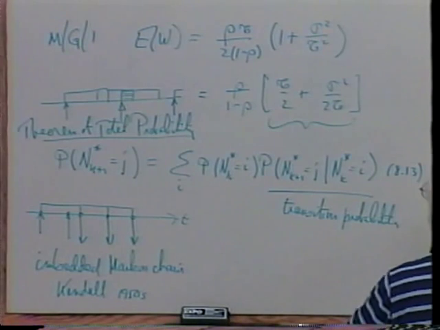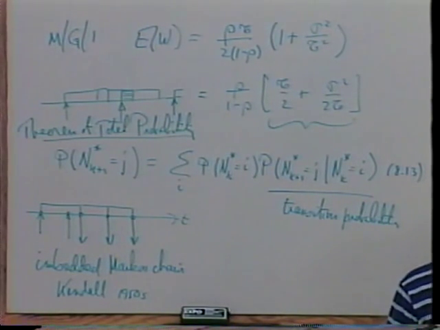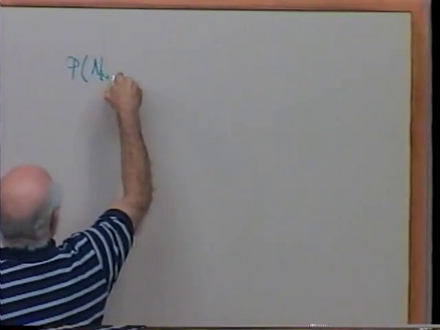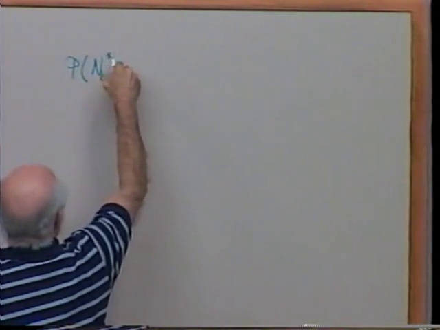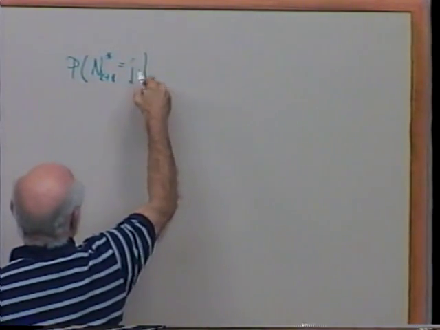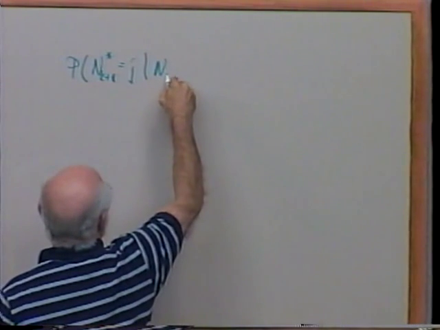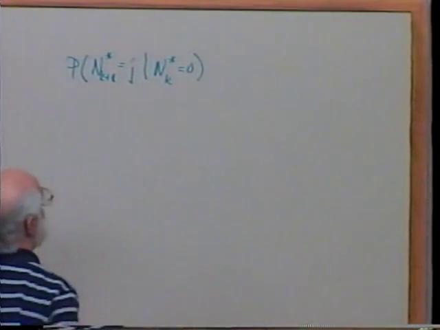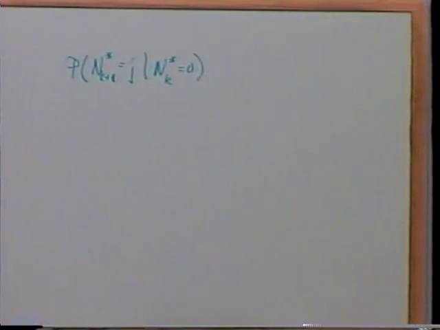Okay, so what are these transition probabilities? First of all, what's the probability that the (k+1)th customer leaves behind j if the previous customer leaves behind 0? Now, if the previous customer leaves behind 0, what that means is this.